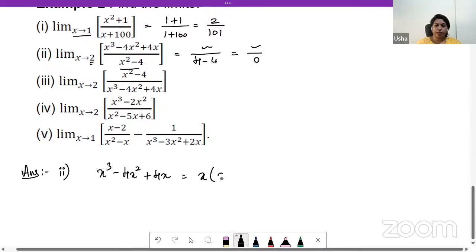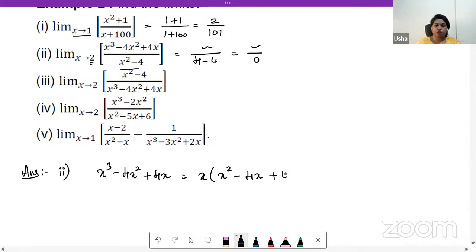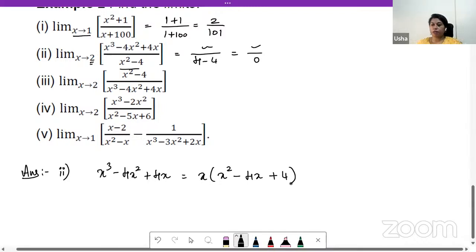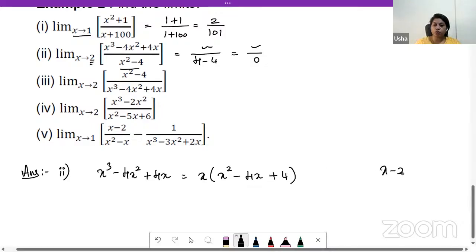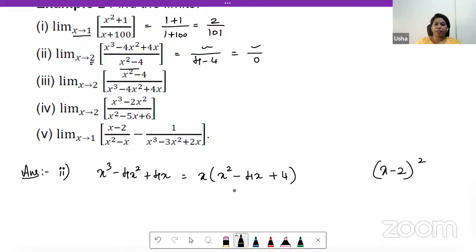After taking out x, I will have x squared minus 4x plus 4. Now, this one you can factorize, or if you observe, it is nothing but x minus 2 whole square.